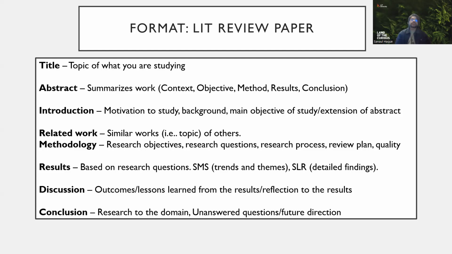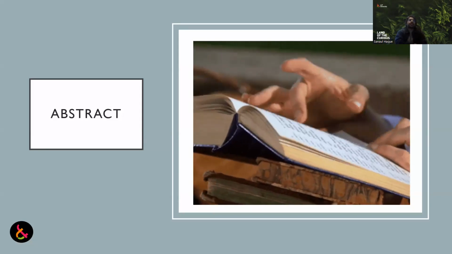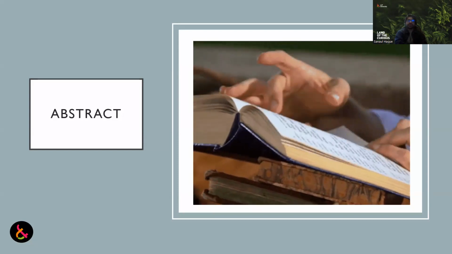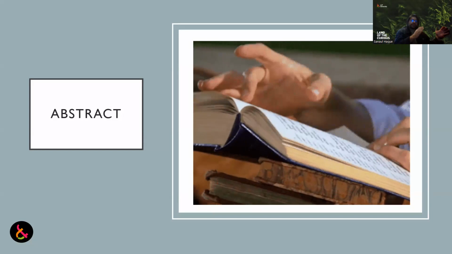So the title, of course, some of you have been working in terms of writing papers. Connecting with the title, it's pretty much important because the title tells you what is there. It's always better that you even write what sort of method you are using in your title, like systematic literature review, and then what you're trying to find from your work.